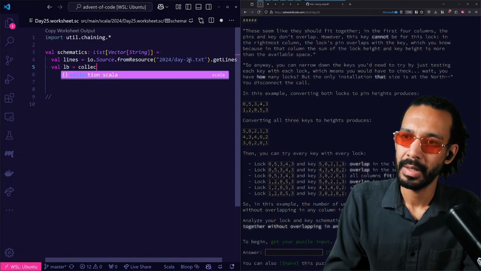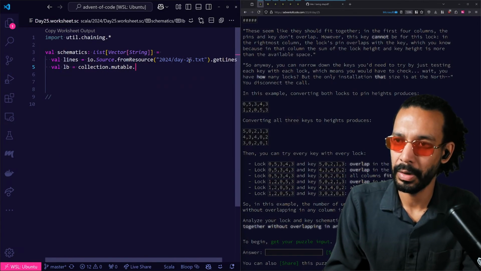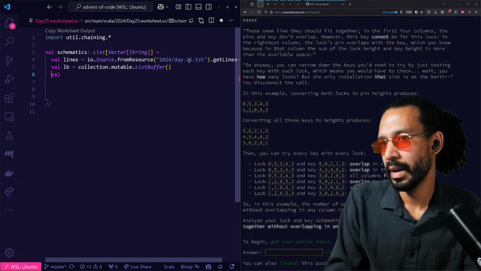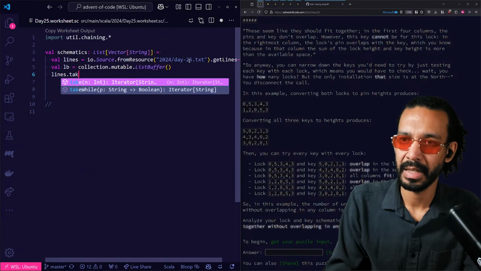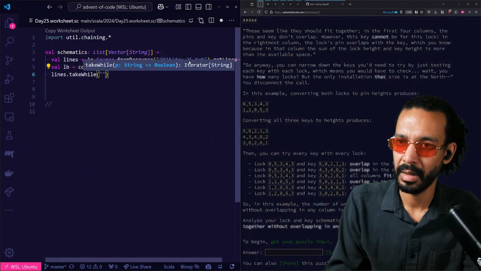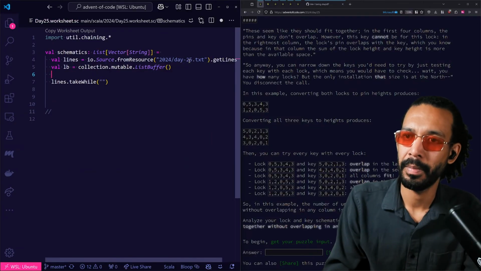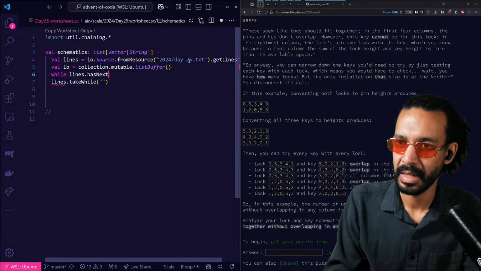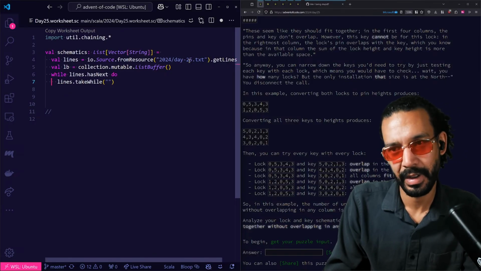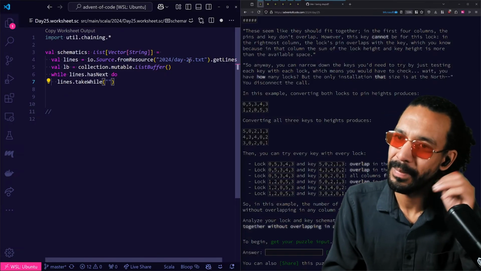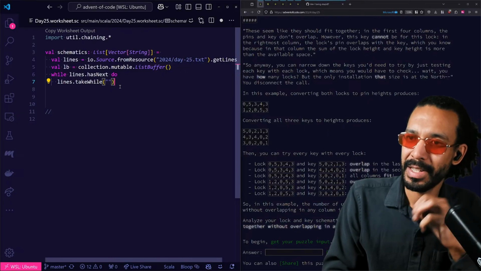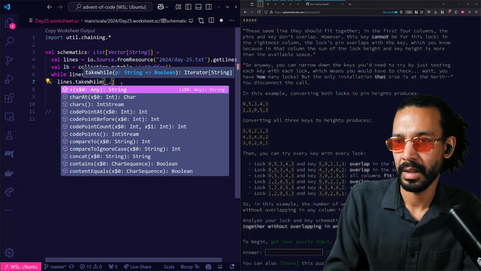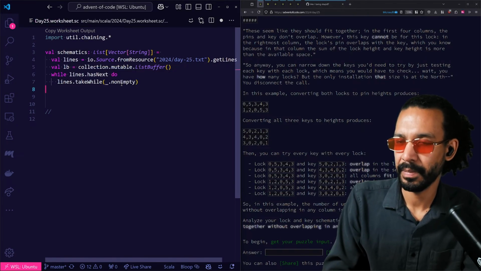So collection.mutable, or a list buffer. And we'll do lines takeWhile not empty. And this whole thing will be put in a big loop, while lines hasNext. I'm having to remember how to write a while loop mutation. Take while not empty.